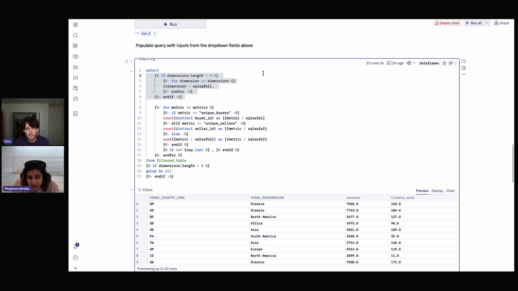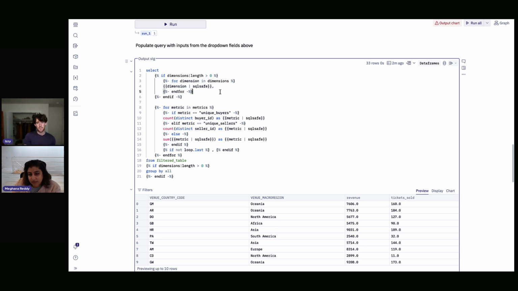But if we look at even just one piece of this, lines 3 through 7, you can see that what it's saying is, as long as you've selected something more than no dimensions, because again, an option could be that I don't actually want to cut it by anything, I just want the full sum of revenue or tickets sold. But as long as I'm trying to cut by something, then I want to make sure that I put those dimension names in the select statement.